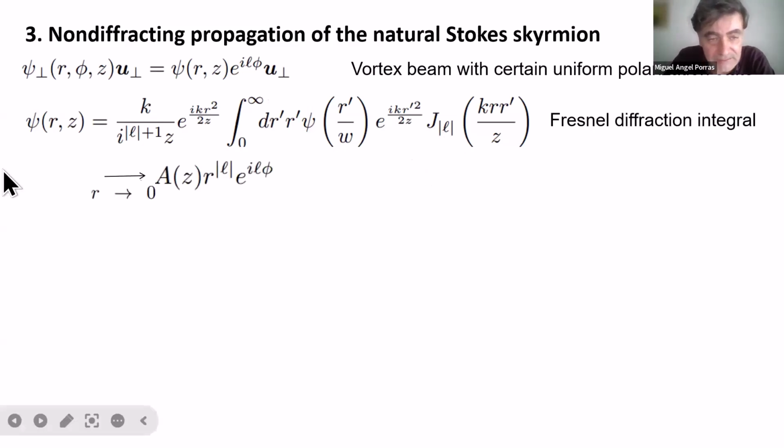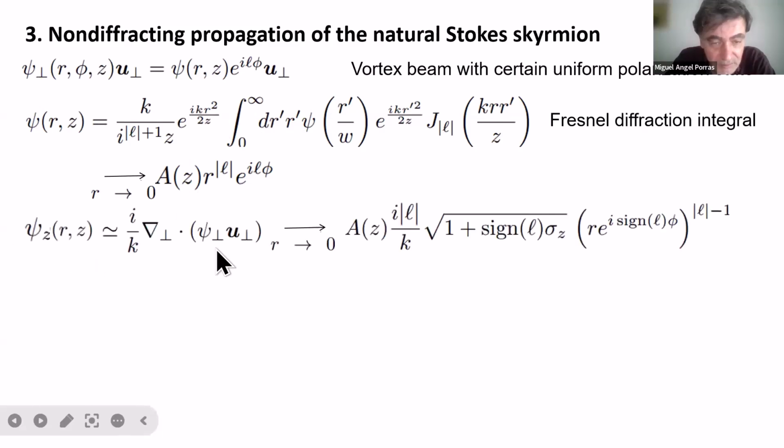And from an asymptotic analysis in the vicinity of the singularity, we arrive at this expression, which is well known: r raised to the topological charge, and the azimuthal variation of the phase. It is well known in a focus, but not when the wavefronts are diverging. It can be truly demonstrated at any propagation distance. And according to this, the axial component, given by this formula in the paraxial approximation, is given by this expression.